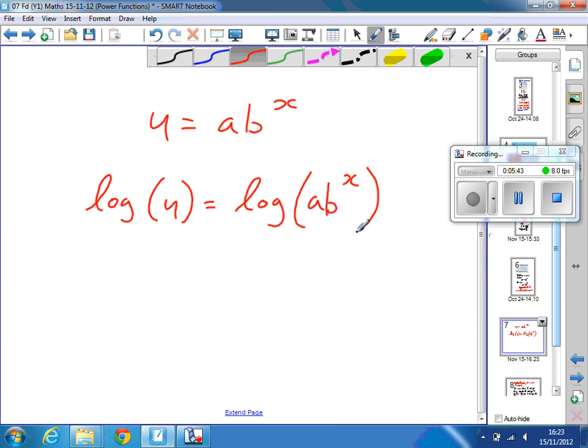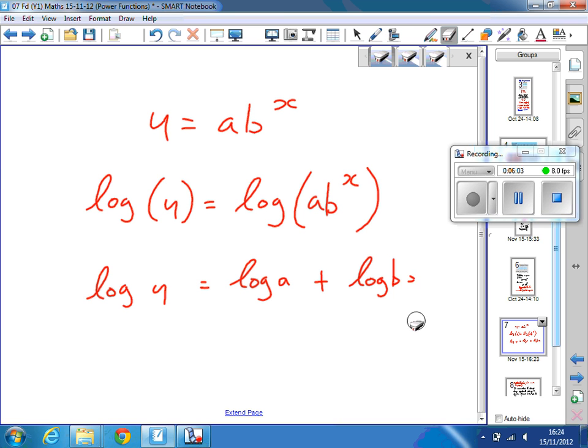Yeah, we add them, don't we? So log y equals log a plus log b to the power x. You want to see all this work like that.